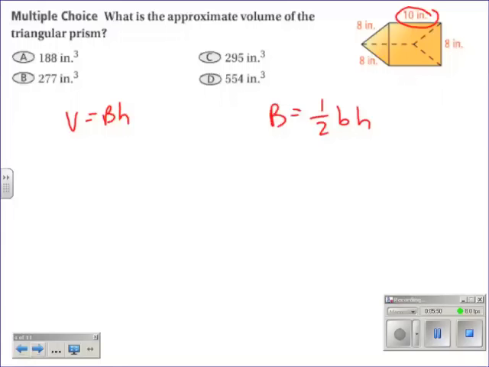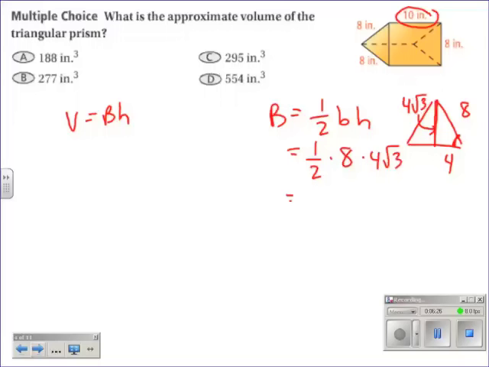You'll see there that we have an equilateral triangle. Let me just sketch out on the side here that equilateral triangle. We're going to need to remember special right triangles here. That's going to be 4. This angle right here is a 60-degree angle, so therefore the height of my triangle is going to be 4 radical 3. Now once I substitute this in, it's going to be 1/2 times the base, which is 8, times the height, 4 radical 3.